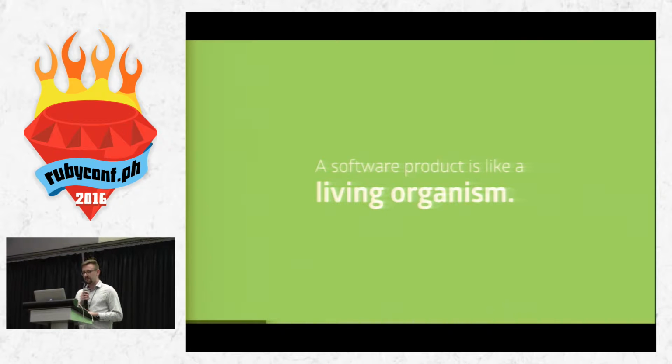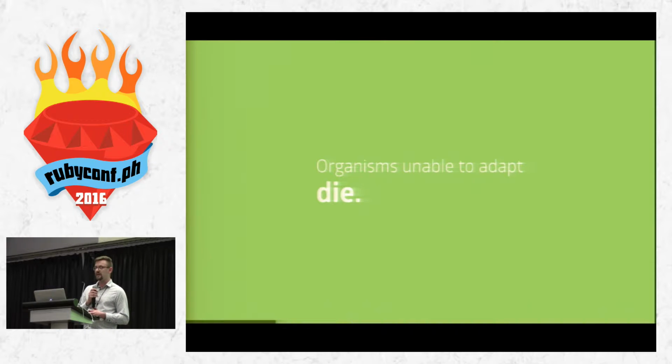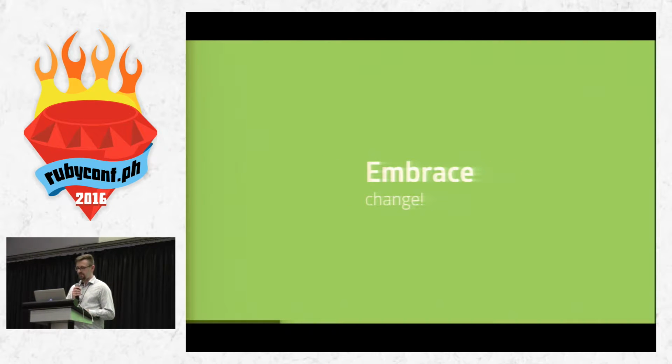In a sense, a software product is very much like a living organism. It's constantly evolving and changing. And if evolution taught us one thing, it is that organisms that are unable to adapt to their current ecosystems die. And that can very much happen to a software product that cannot withstand change. Instead of being afraid of change, you really should embrace change, because again, if you look at evolution, it brought some of the most amazing things to life.